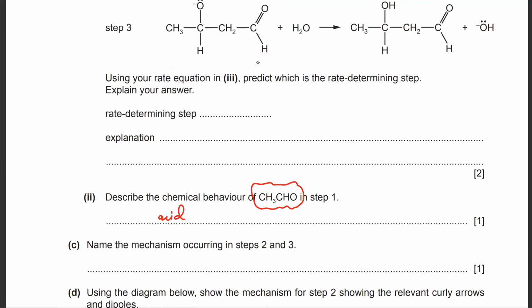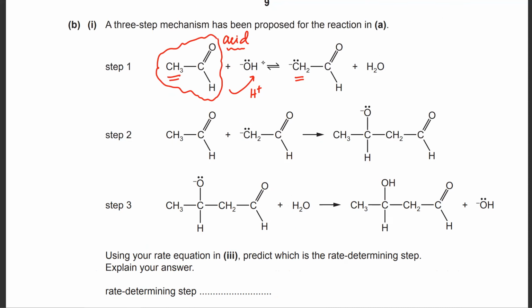Name the mechanism occurring in step number 2. Now, this is where the reaction is happening, so this is where the electrophilic and nucleophilic ideas would work. So what do you think is happening here? Remember, this is guesswork because you have not studied this reaction. I'm assuming that this CH2- ended up joining with this carbon atom.